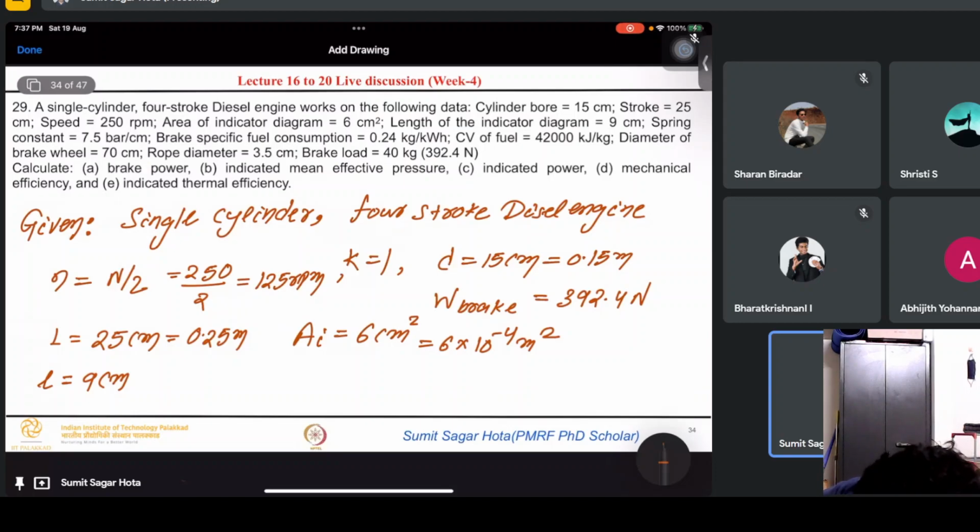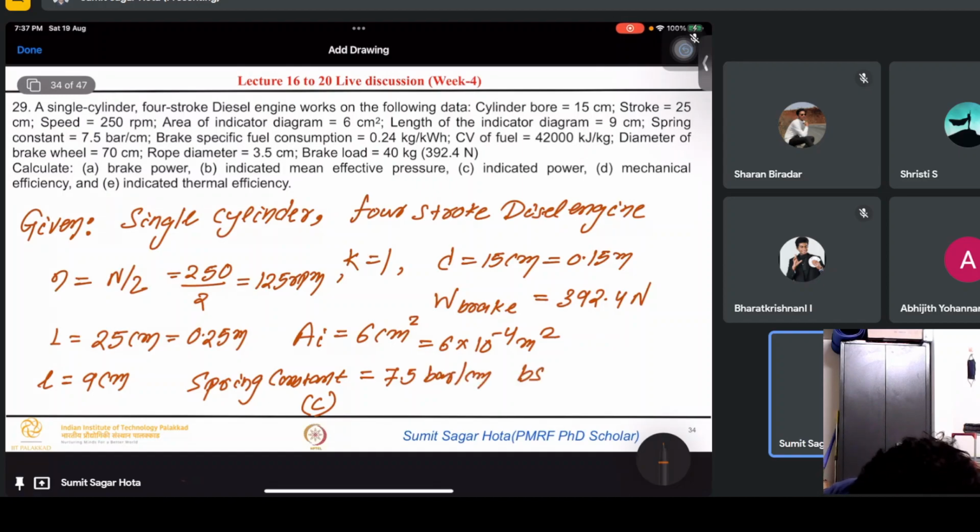Then spring constant. Let's denote it as C, because K is already gone for the number of cylinders. 7.5 bar per centimeter.